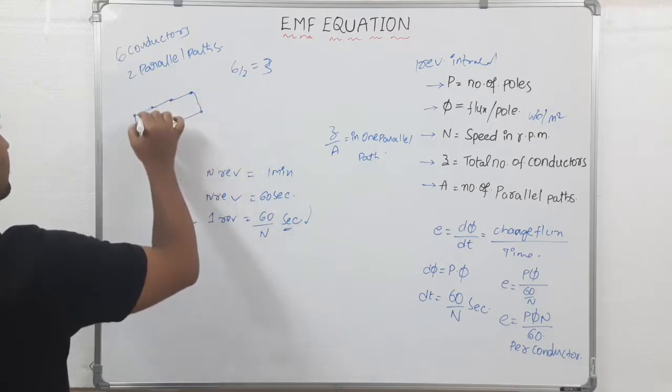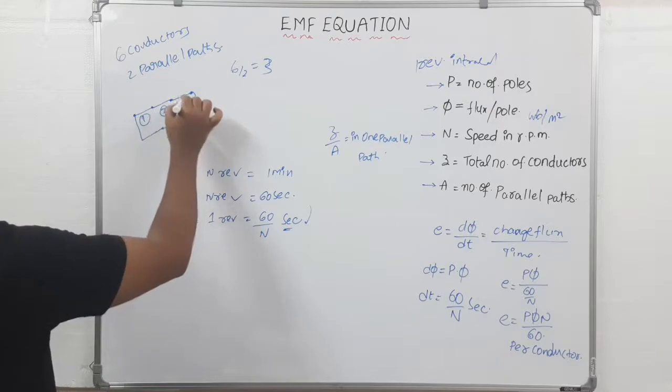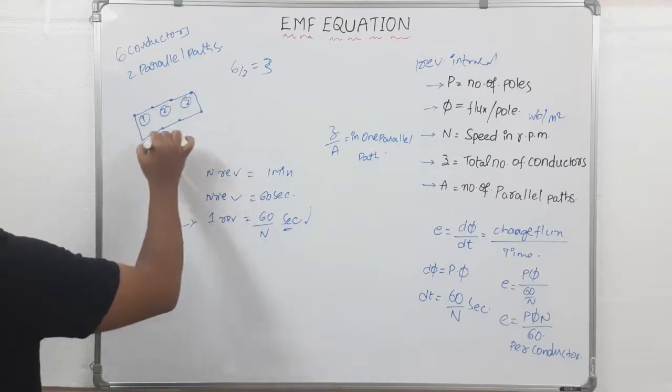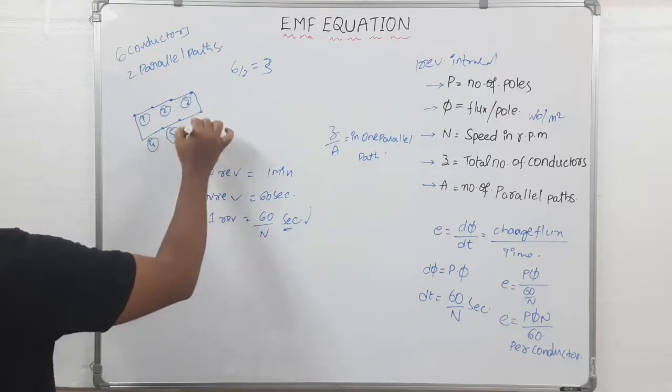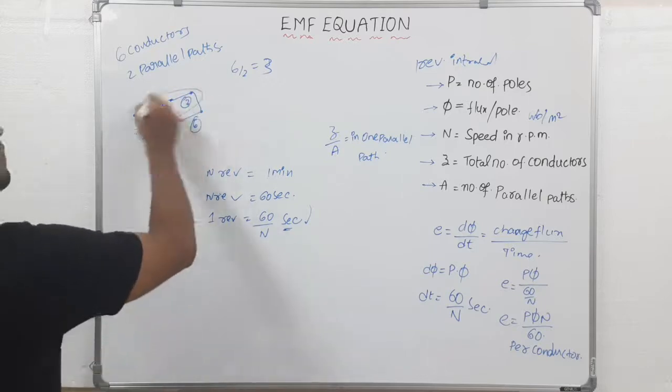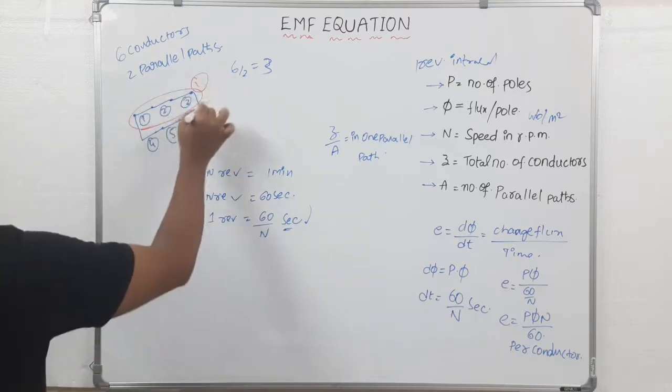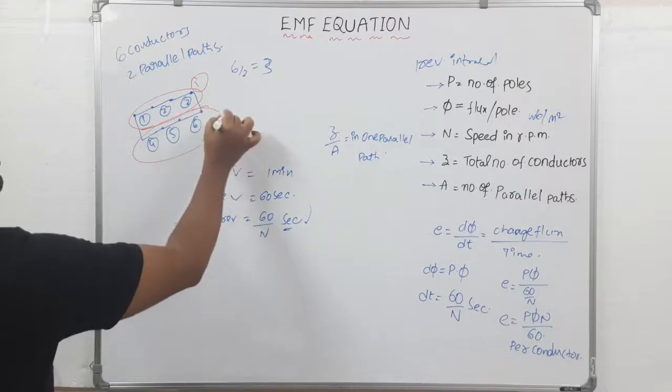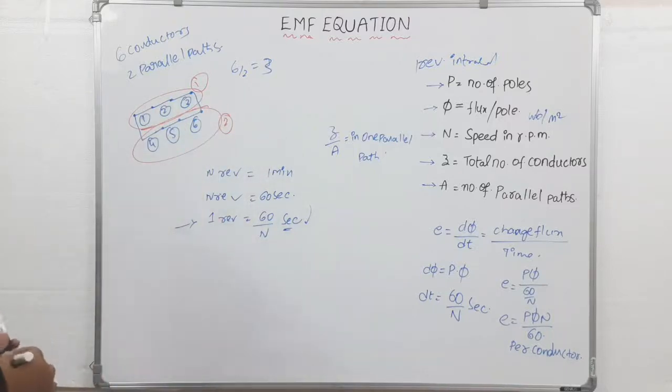This is conductor 1, 2, 3, 4, 5 and 6. This one is parallel path 1 and this one is parallel path 2. That is the meaning of 6 conductors arranged in 2 parallel paths.